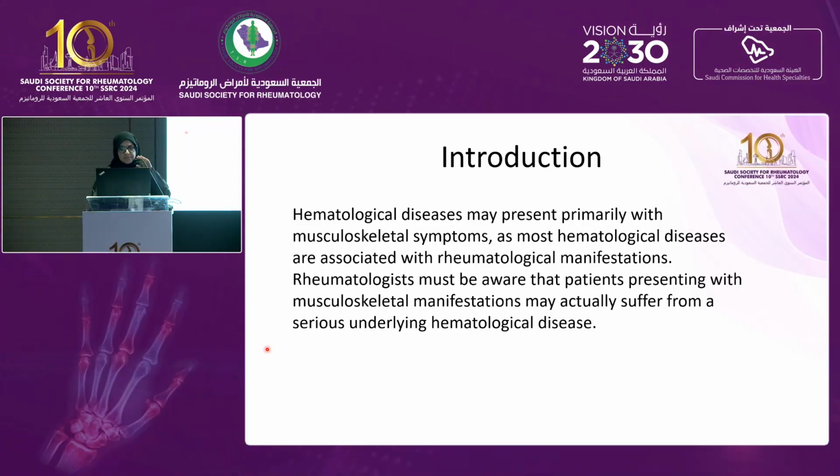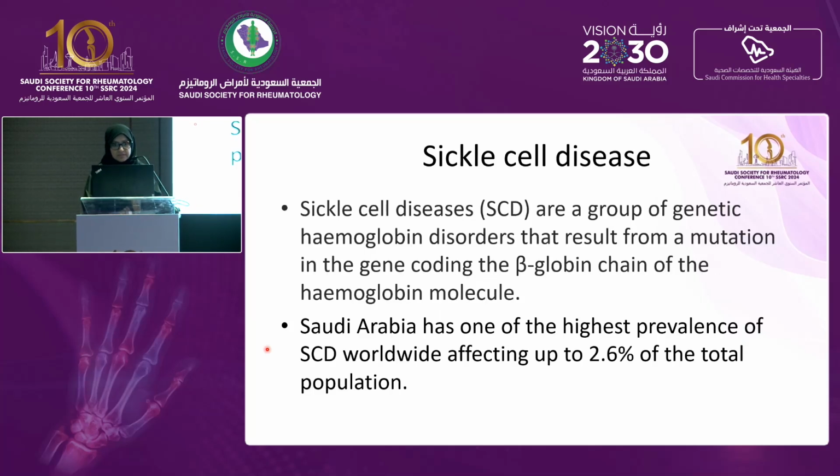Hematological diseases may present primarily with musculoskeletal symptoms, as most hematological diseases are associated with rheumatological manifestation. So the rheumatologist must be aware of patients presenting with musculoskeletal manifestation who may actually suffer from a serious underlying hematological disease.